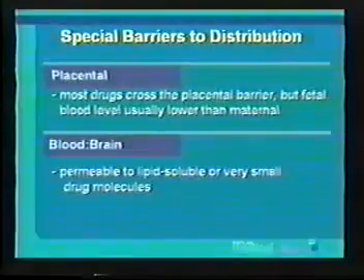Now, what about the other barrier, the blood-brain barrier? This is much more formidable. If you want a drug to go into the brain, you've got to have a very small molecular size, or you've got to be lipid soluble. The smallest drug we know is lithium. Lithium is an ion, just a few Daltons, all right? Lithium can cross the blood-brain barrier.